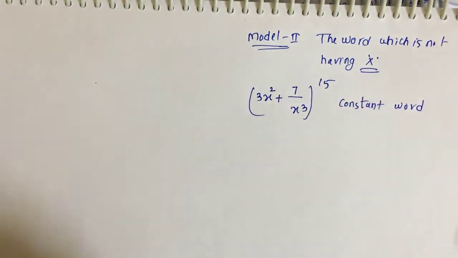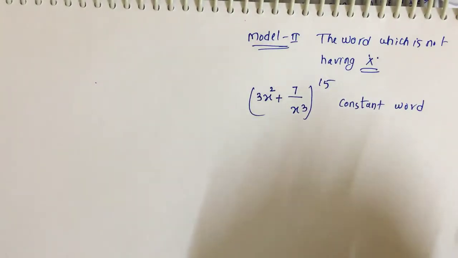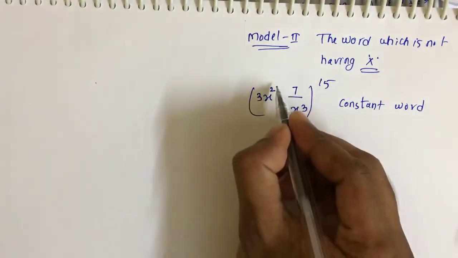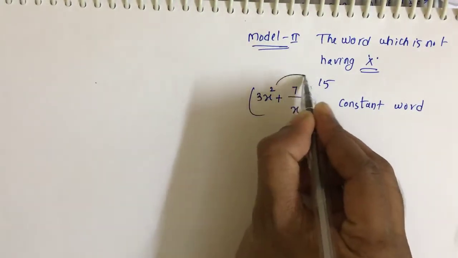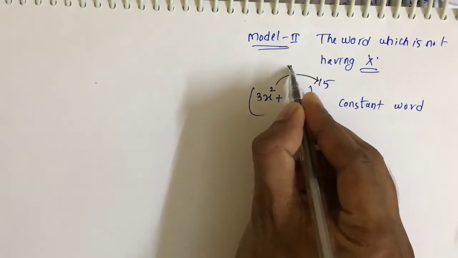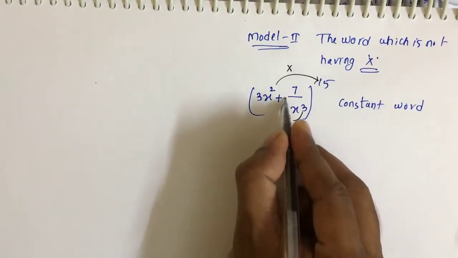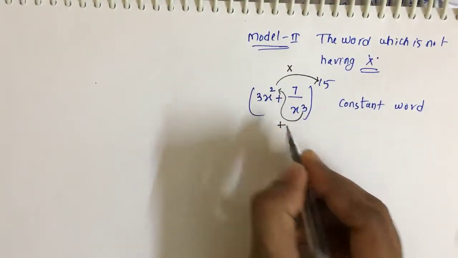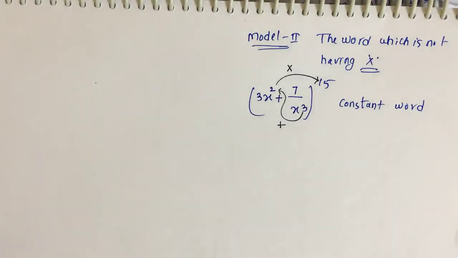So they may ask in the problem to calculate the constant term. So here what you need to do: see this square and this cube, these two get multiplied with the powers, and the powers get added. It's very simple.